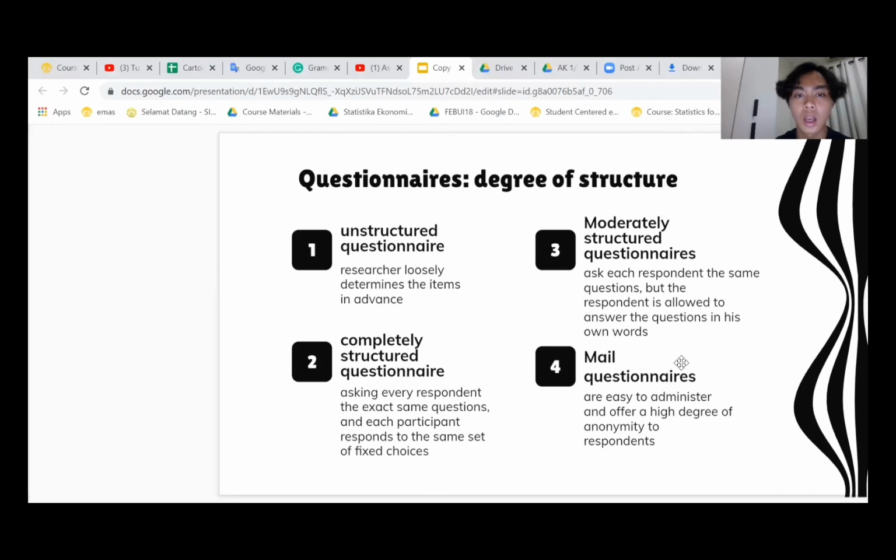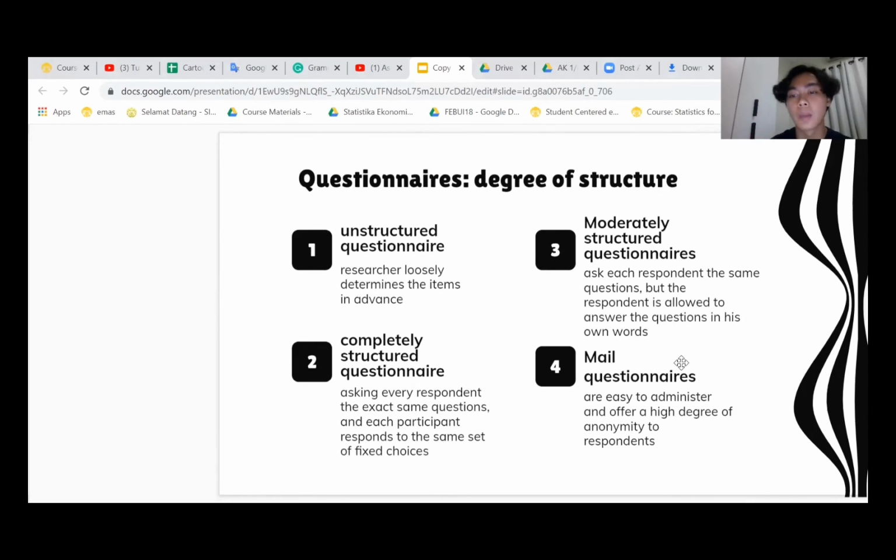The first one is the unstructured questionnaire, which loosely determines the items in advance, and there is the completely structured questionnaire on the other side, which asks every respondent the exact same question, and each participant responds to the same set of fixed choices, kind of multiple choice. And we have moderately structured questionnaires, which ask each respondent the same question, but the respondent is allowed to answer the question in his own words.